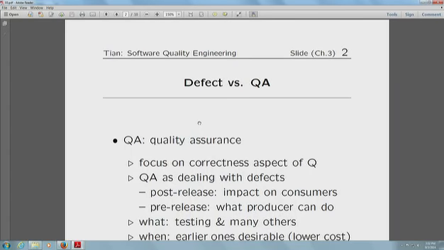Okay, and now because we say defect is so closely related to quality, if we want to assure the quality, we want to assure you have no defect or low defect. And then with defect, we have the error, fault, failures, and say, what can we do with it?